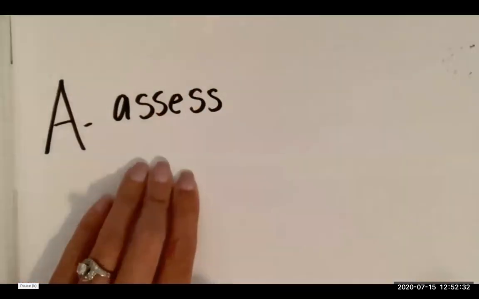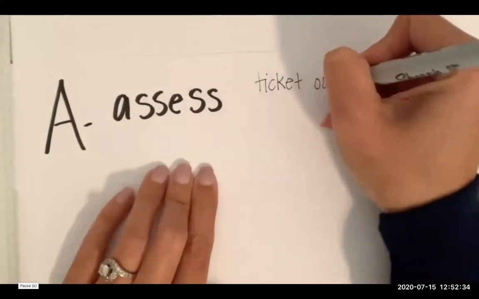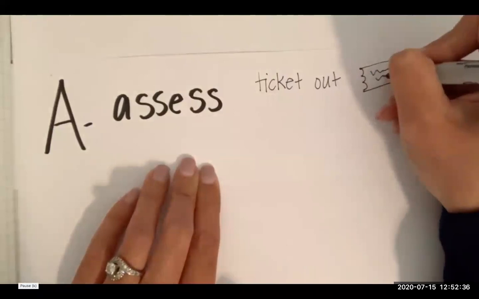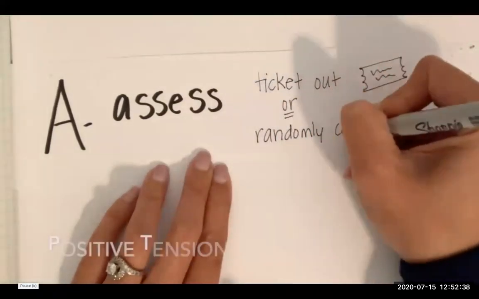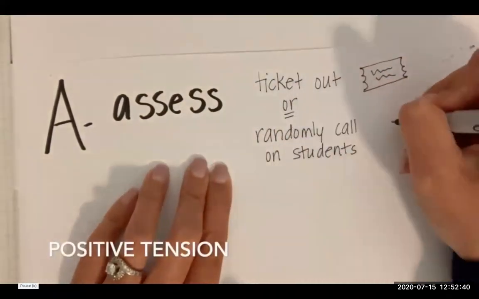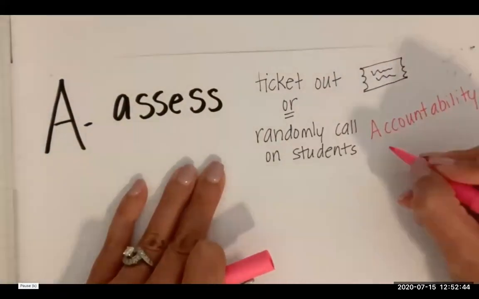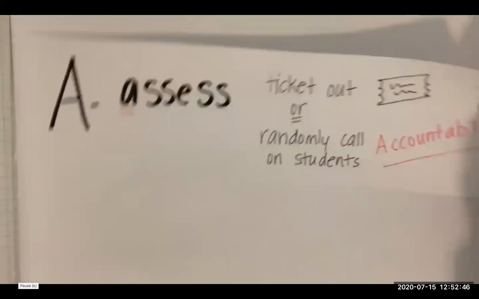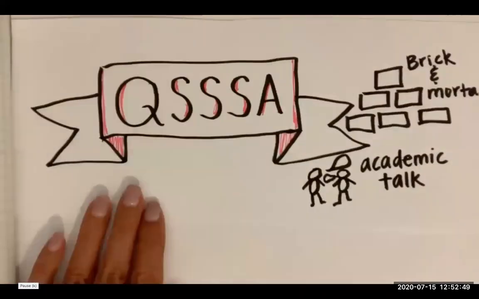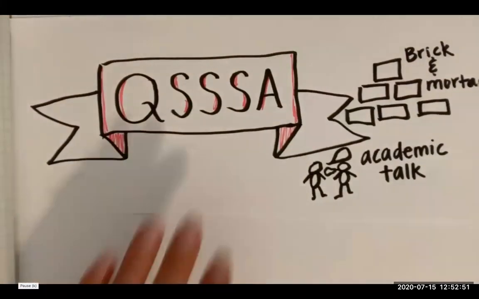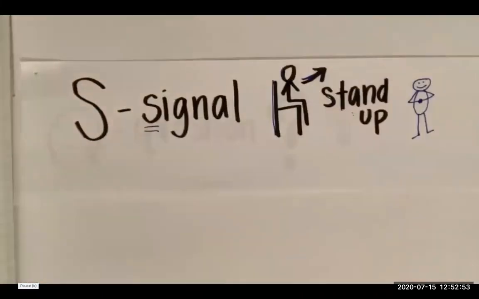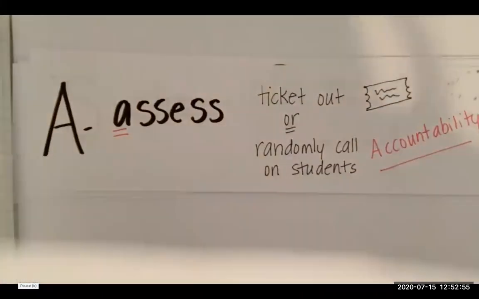This is when we will provide students with a way to show us what they know. We can also provide feedback and clear up any misconceptions. All students can write a ticket out, or we can randomly call on a few students. QSSSA is a simple yet powerful way to provide all students a way to use academic language in the classroom. And we know that when students are able to verbalize, they can internalize.